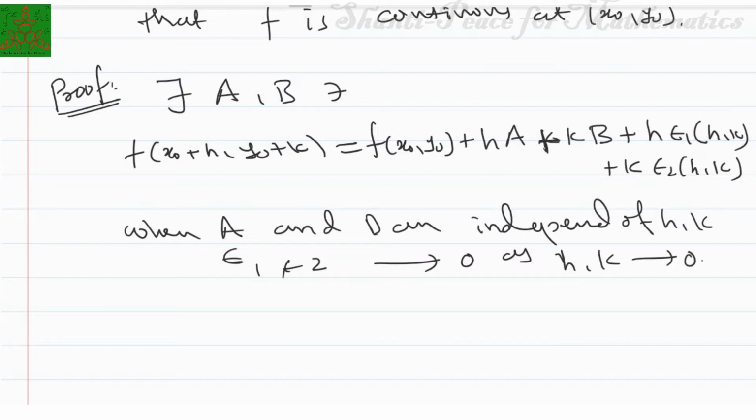Now what do we need to prove? We need to prove that the function is continuous, that is, the limit of f of xy as xy tends to x0 y0 exists and is equal to f of x0 y0. So let us start with that quantity.